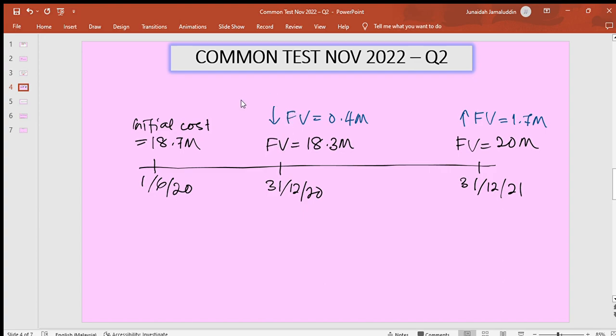There's a decrease in fair value amounted to 0.4 million or 400,000. Okay, so ada penurunan kat sini dalam fair value sebanyak 400,000. We just compare the fair value on 31st December 2020 dengan dia punya initial cost, kan? So kita tengok ada decrease lah in fair value sebanyak 400,000.